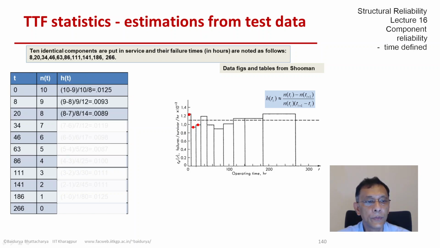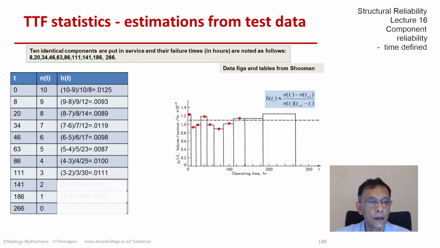So that gives me 0.0089 and so on. So we continue down the list and we can trace all the numbers, and more or less I think the answers match perfectly. And so we come to interval number 8 and then number 9 and then 10.